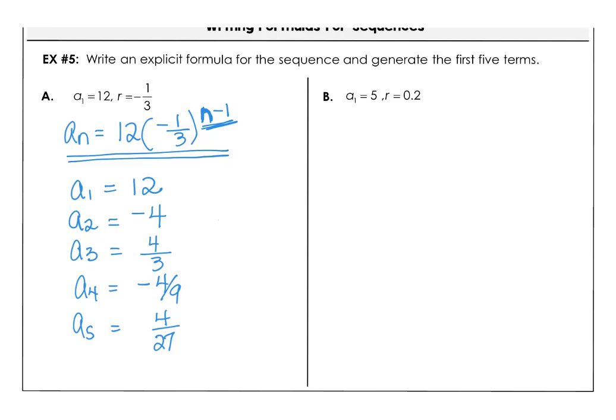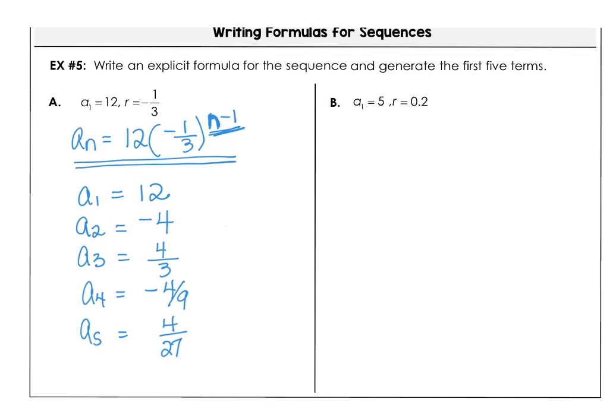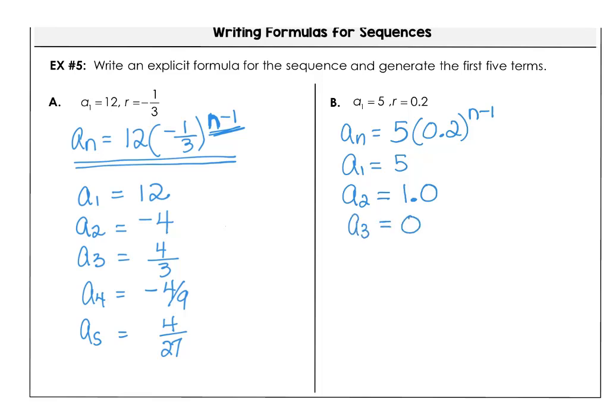In part B, our a sub n term is going to be 5 times the ratio 2/10 to the n minus 1 power. A sub 1 is 5, that was given. A sub 2 is going to work out to be 1.0. A sub 3 will be 2/10.